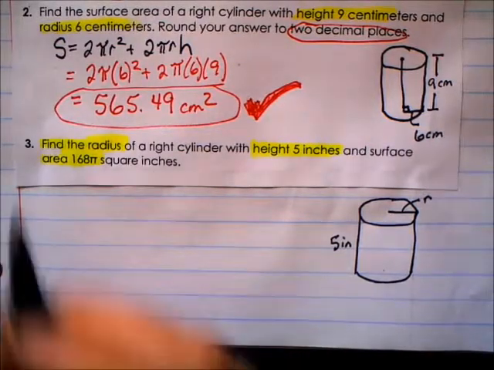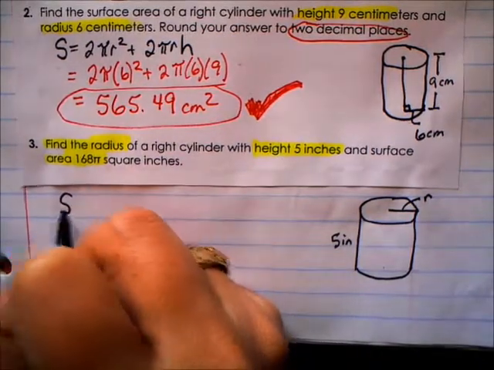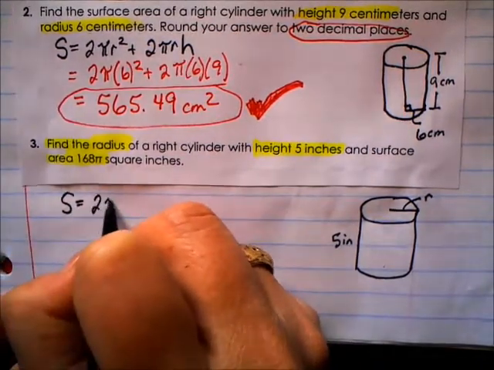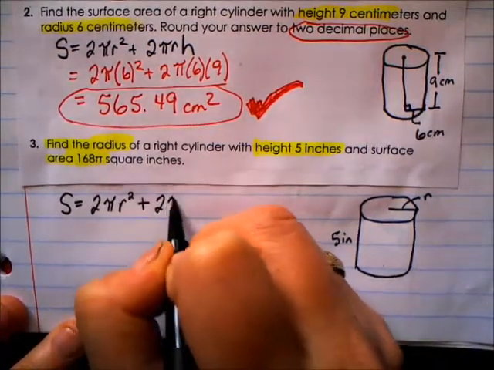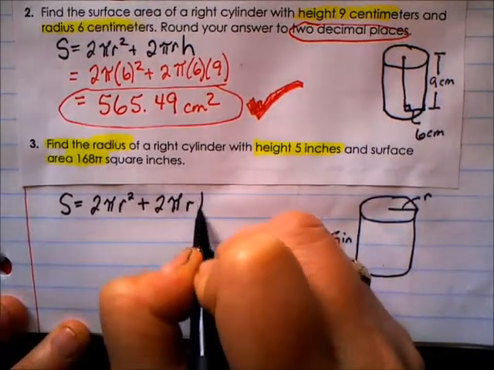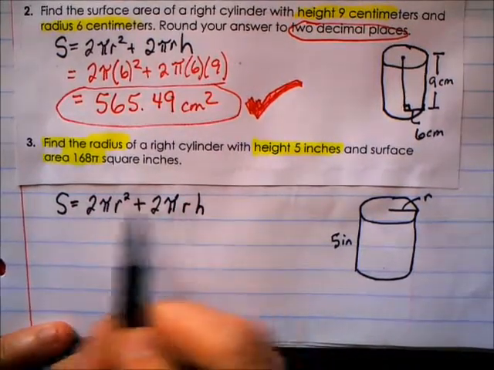Okay, on this one we're dealing with a cylinder, so the formula that I'm going to reference is 2 pi r squared plus 2 pi r h. We're looking for the radius, so the r's will stay as they are.